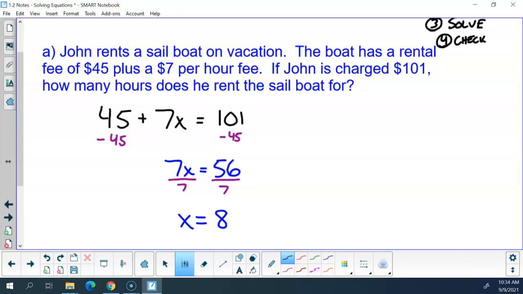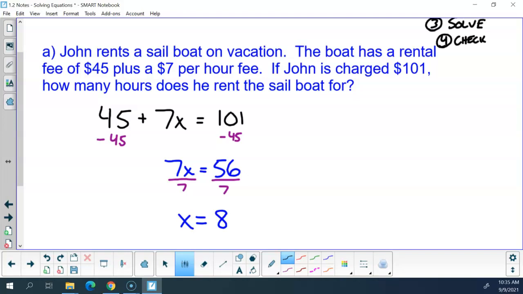Now, this check is based upon us making our equation correct, right? So this check is actually a two-pronged check, okay? So the first one is, does it make our equation true?